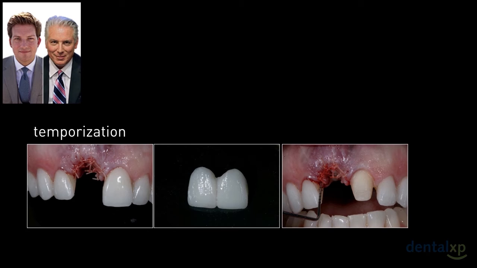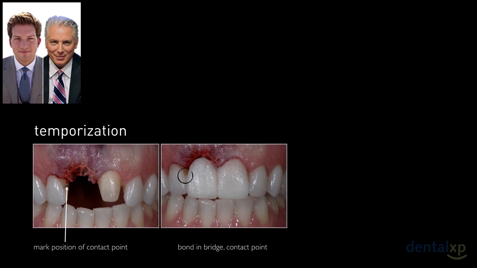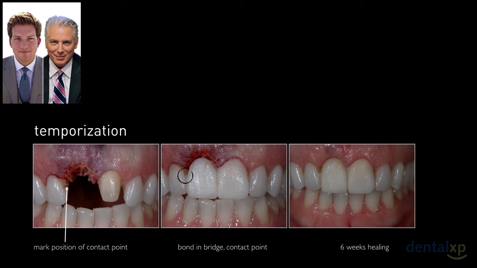Right. So really, from the restorative aspect, we're just trying to figure out where we're going to put the contact point on that provisional restoration to ensure that that is indeed regenerated. Here you see the bridge bonded in place, the contact point created, and then after 6 weeks healing, you can see that we're starting to get great papillary regeneration on the distal aspect of number 8.